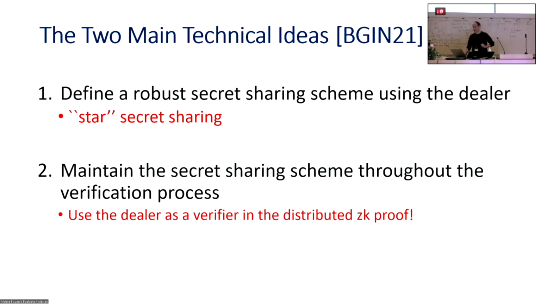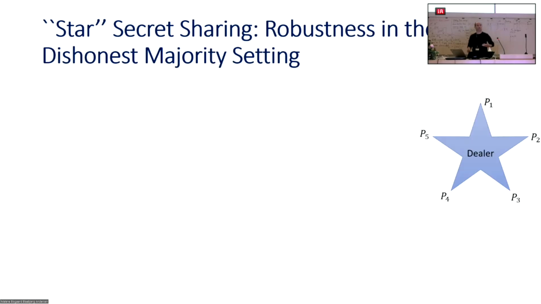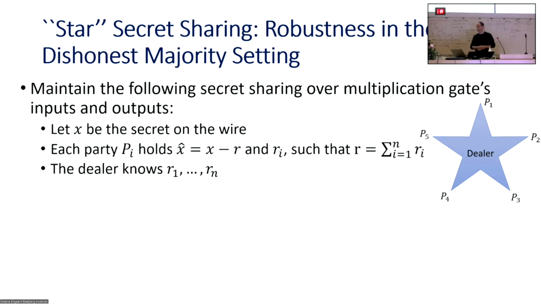So how does it work? First of all, what is this star secret sharing scheme? This scheme is basically used everywhere. The idea is that we maintain the following invariant over the wires of the circuit. For each secret that the parties need to share, each party will hold the masked secret and also a share of the mask, and the dealer knows all the shares of the mask.